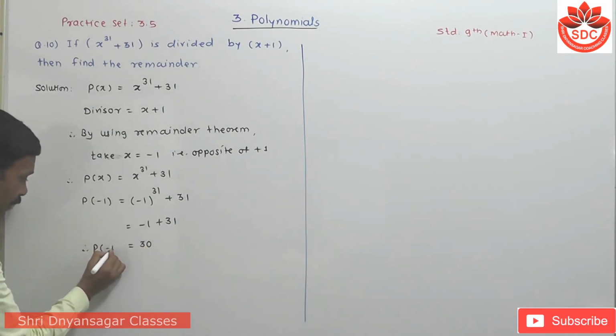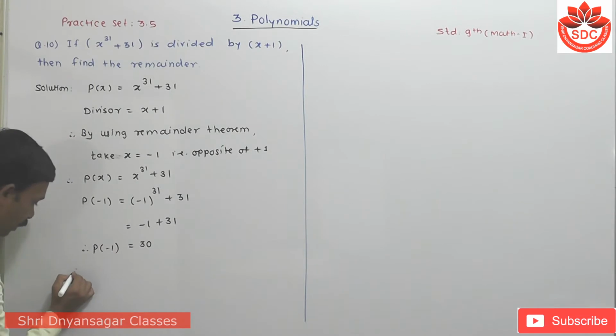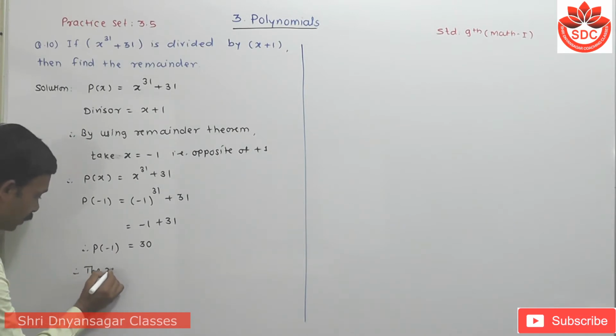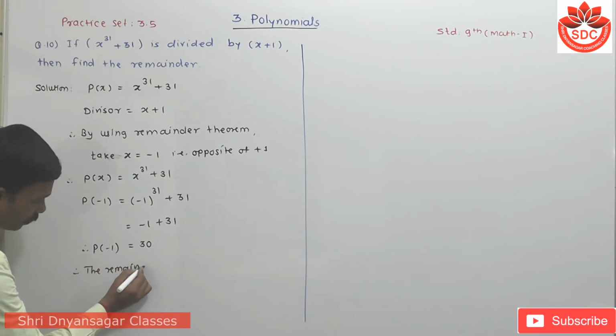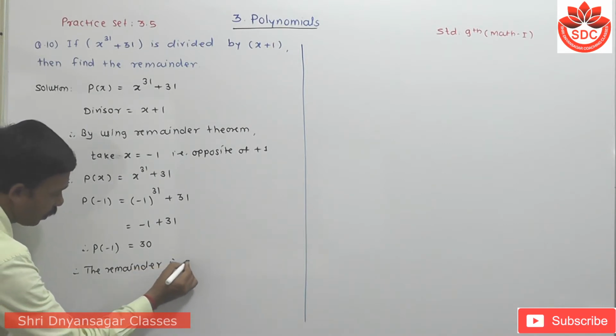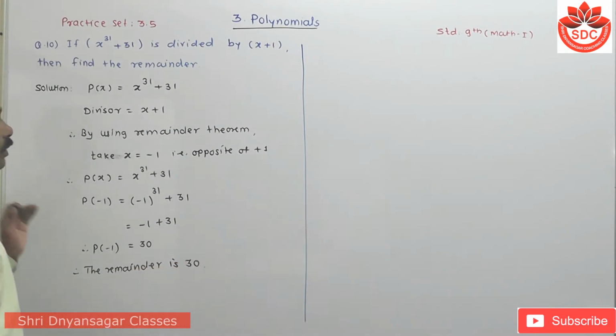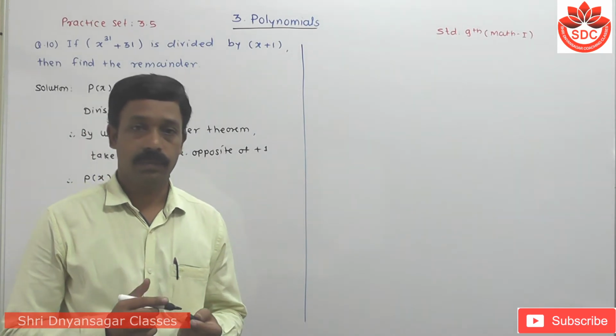So p of minus 1 equals 30. Therefore, the remainder is 30. Okay, we take the next question.